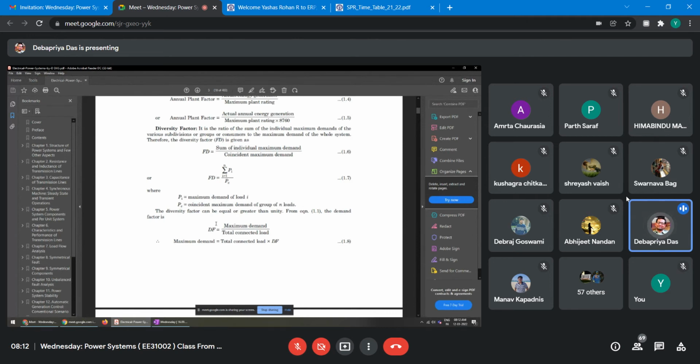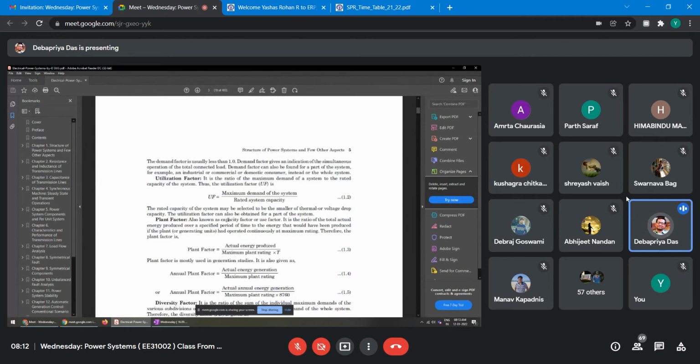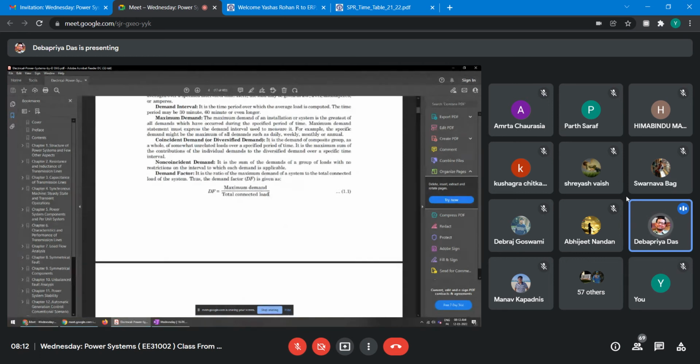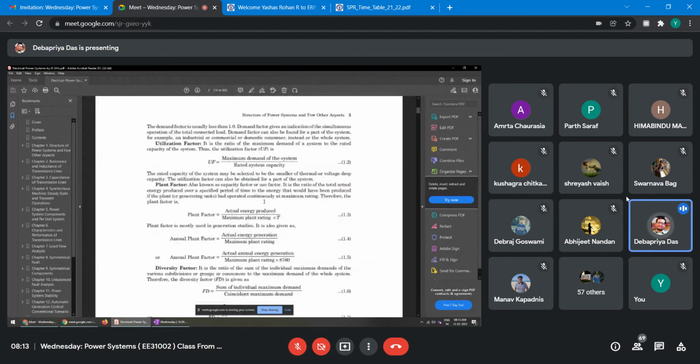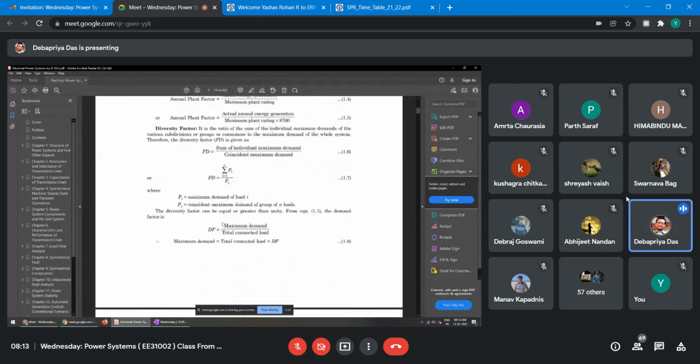The demand factor, from equation 1.1: maximum demand is equal to demand factor into total connected load, right? Therefore, demand factor is equal to maximum demand by total connected load, from equation 1.1. Therefore, maximum demand is total connected load into demand factor, right?